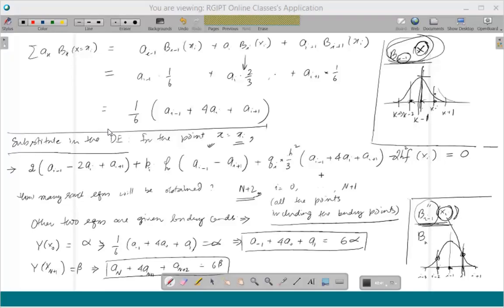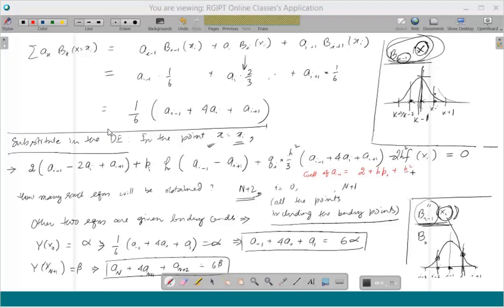Let's see, the coefficient of a_{i-1} is 2 plus h p_i plus h square q_i by 3.